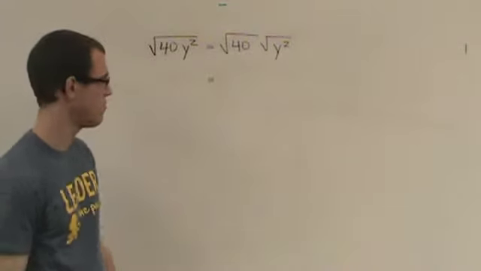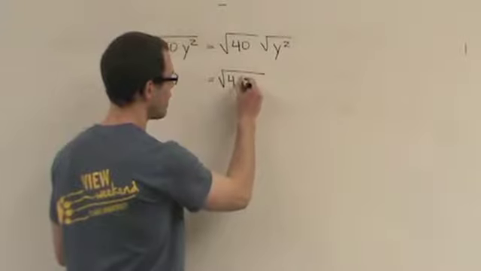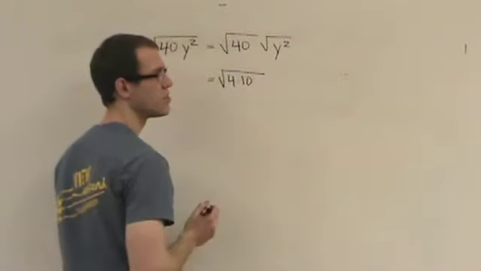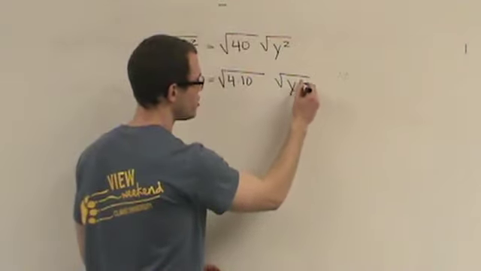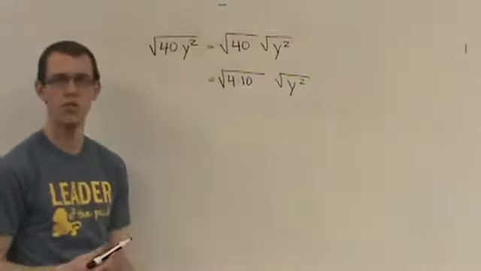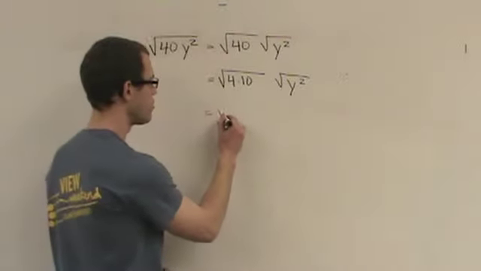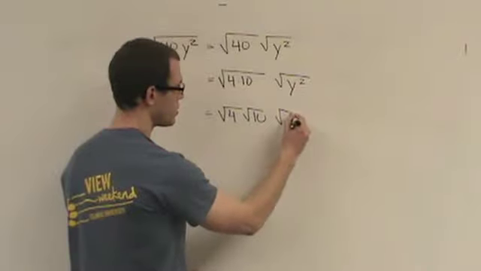How about 4 and 10? So I'm going to write square root of 4 times 10. And then this square root of y squared, I'm just going to bring that down. I didn't touch it, so I'm just going to bring it down. Now, we can break up the 4 and 10 underneath their own radicals. So square root of 4, square root of 10. Again, I didn't touch the y squared, so I leave it.